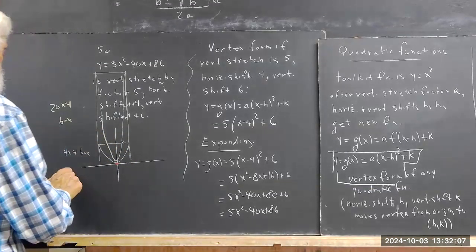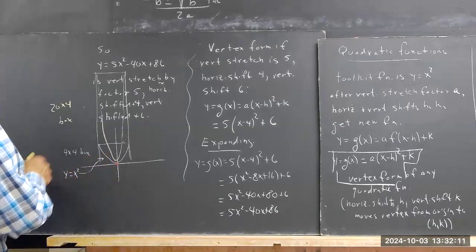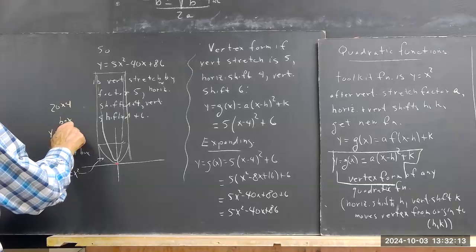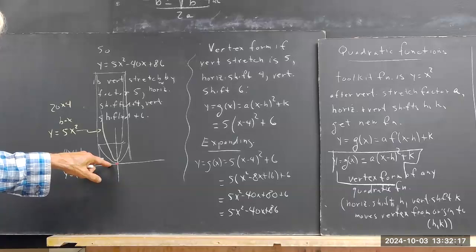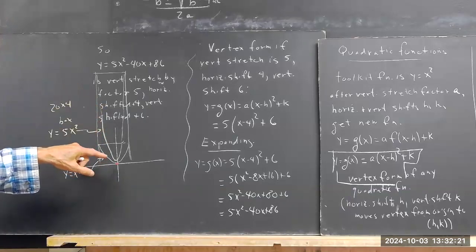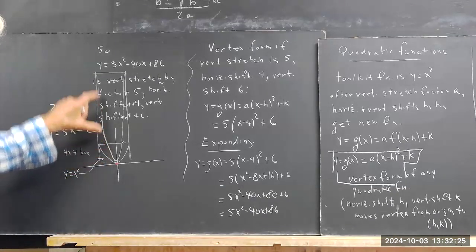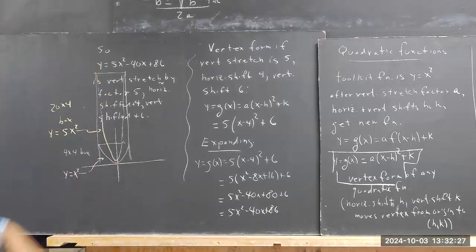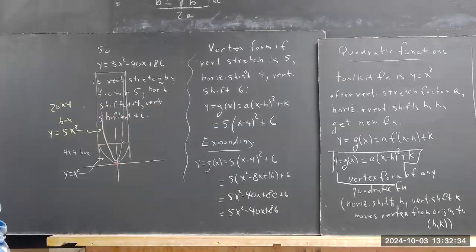This function is y equals x squared. This function is y equals 5x squared. For any x, the y coordinate is 5 times as high as on this graph. Okay, every point moves 5 times further from the x-axis. It doesn't quite look like that the way I drew it because I didn't do all the subdivision I need to do. But there it is.